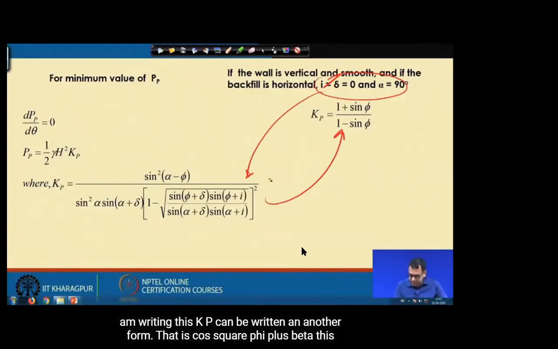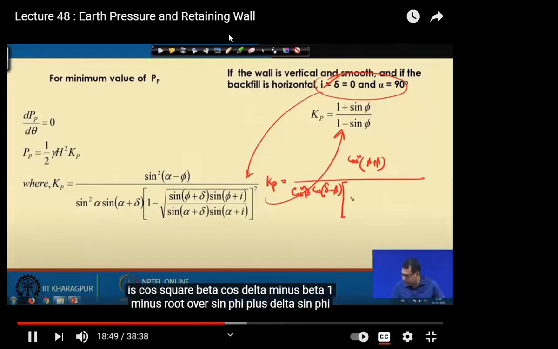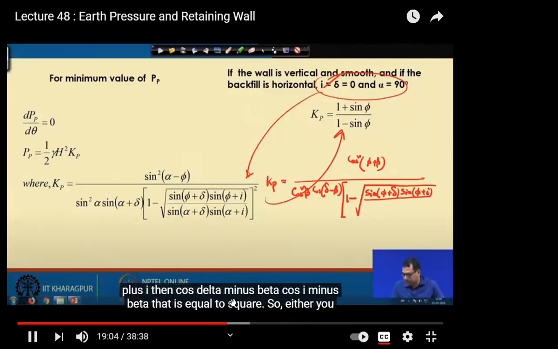And again I am writing this K P in another form, that is cos square phi plus beta, over cos square beta cos delta minus beta, times 1 minus root over sin phi plus delta, sin phi plus I, over cos delta minus beta, cos I minus beta, that whole square.